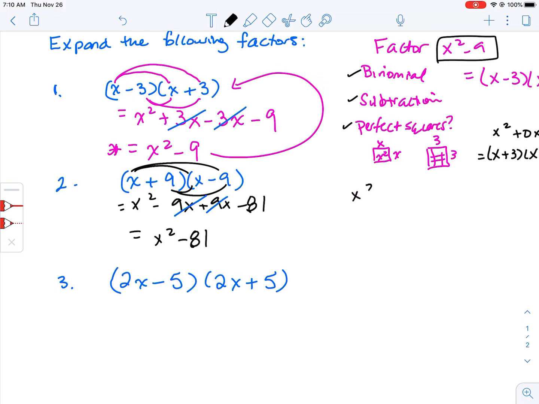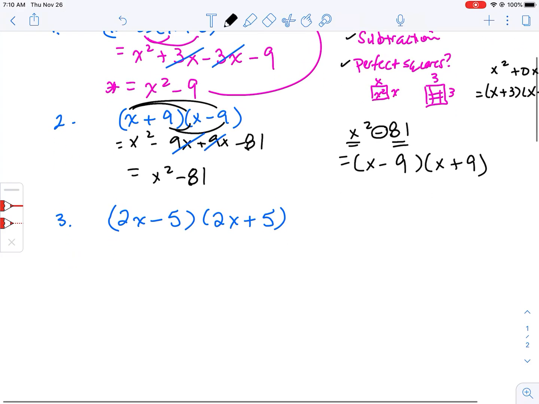So again, if I gave you x squared minus 81 and said factor that, how would we go backwards? We recognize that this is a minus sign. These are both perfect squares, and our pattern is the square root of x squared minus the square root of 81, which is 9, and the square root of x squared plus the square root of 81, which is 9. And that's how we factor that.